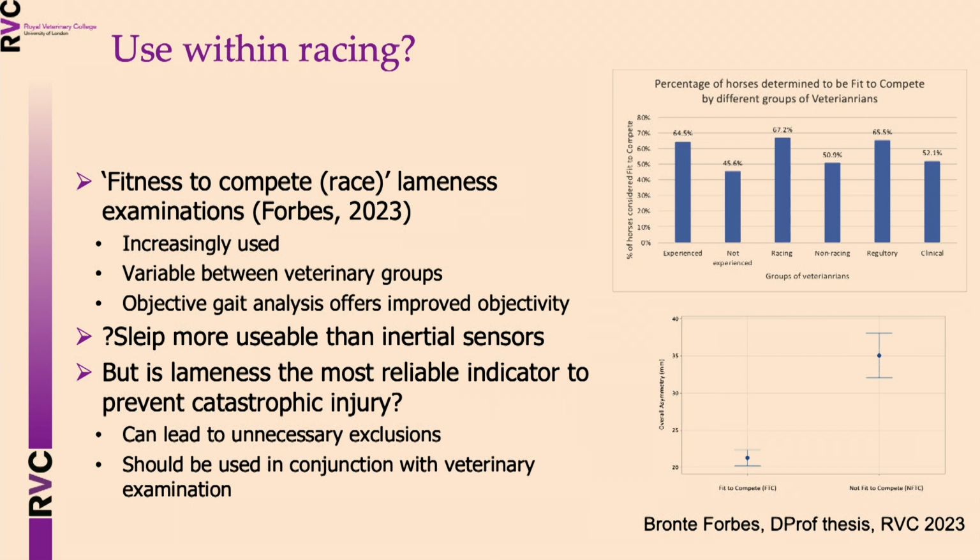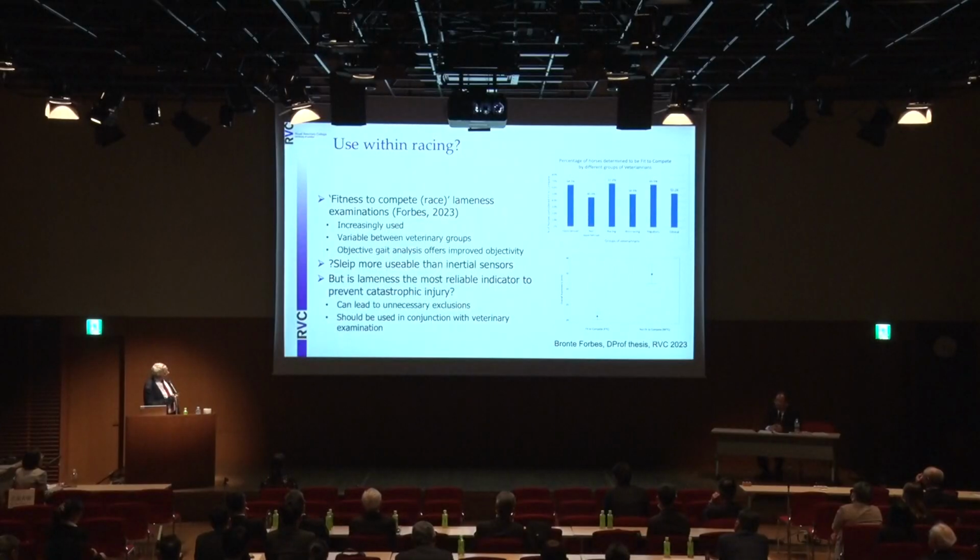But is lameness the most reliable indicator to prevent catastrophic injury? Probably not. It may lead to unnecessary exclusions, but could be used to identify horses that require a veterinary examination.